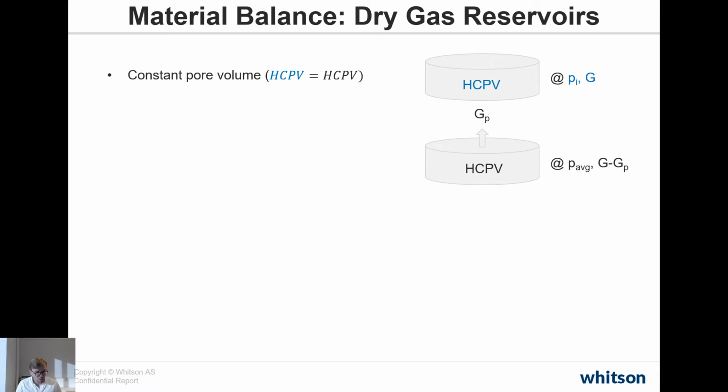So the first assumption that we have to remind ourselves of, and that's a fairly common assumption in material balance equations, is that the pore volume is constant. That's one of the constraints. The second is how we convert reservoir volumes to surface volumes, where this Vg hat is the surface volume.